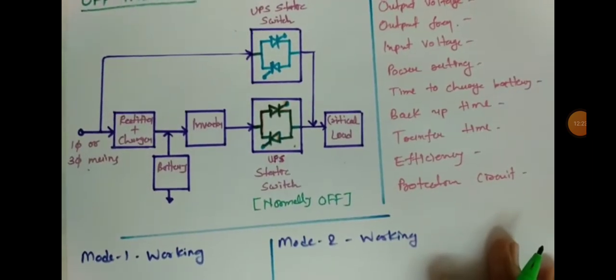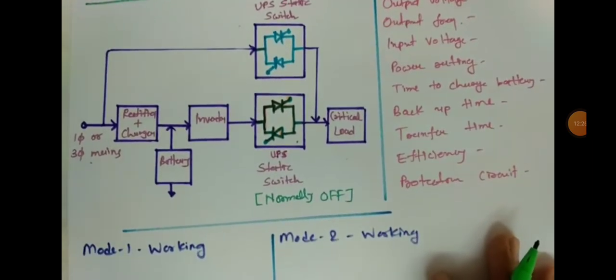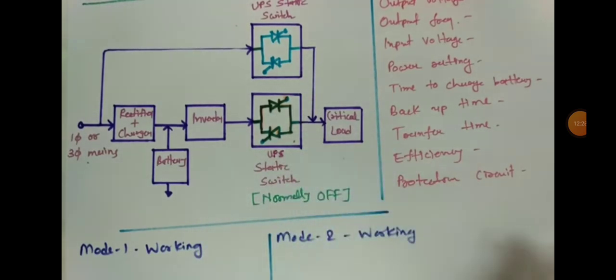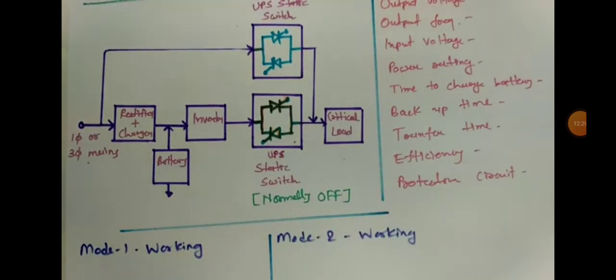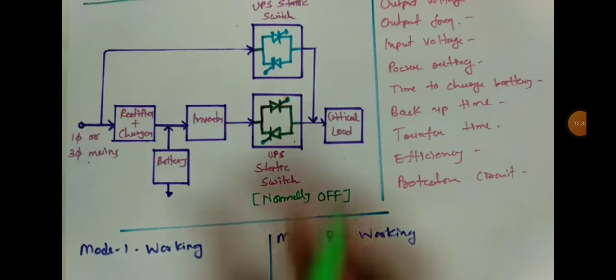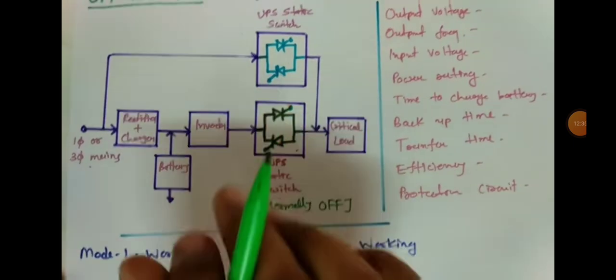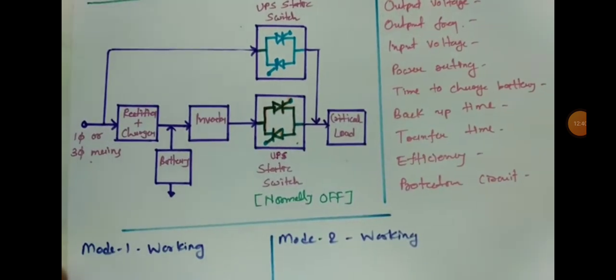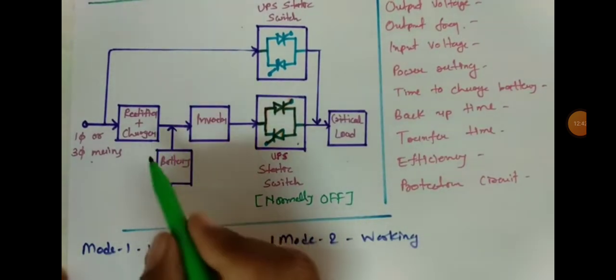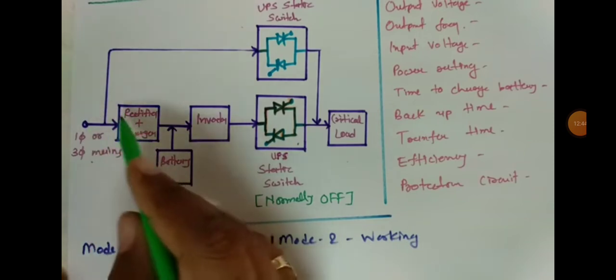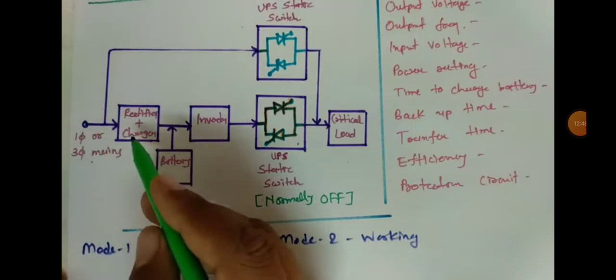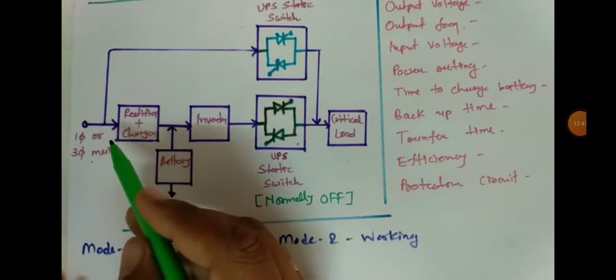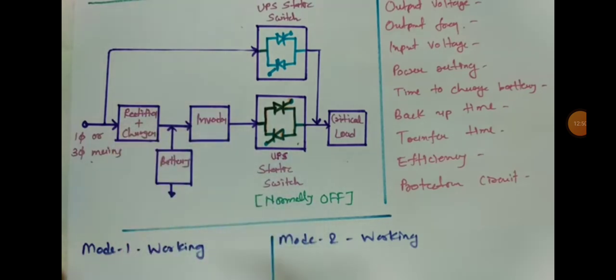Now in today's session I'll be explaining its working, and after that I'll explain specifications of offline UPS. So this offline UPS functions basically in two modes. First mode is when mains is available, and second mode is when mains is not available.